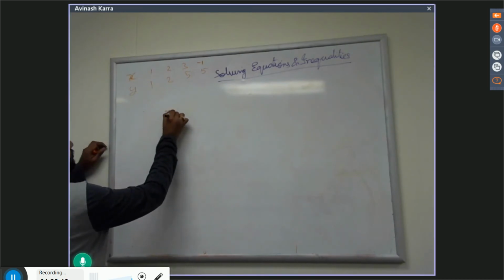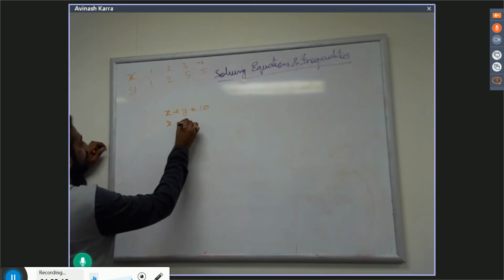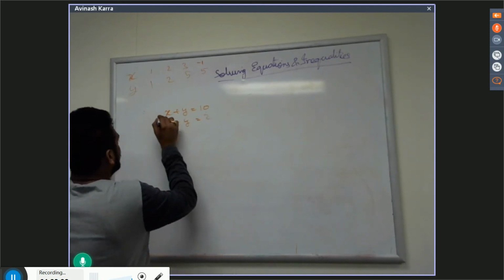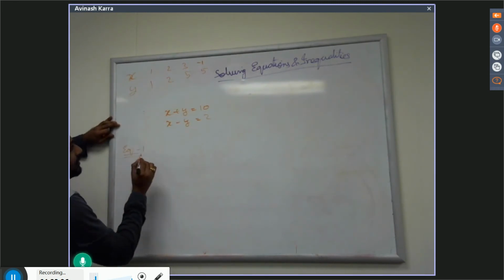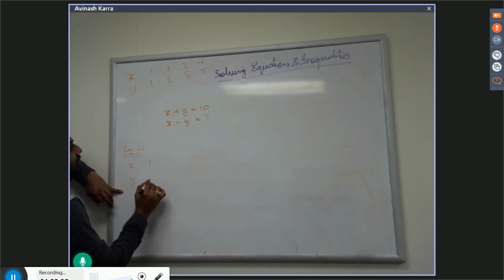Let us take x plus y is equal to 10 and x minus y is equal to 2 for equation 1. Okay, when x equal to 1, what will be the y?